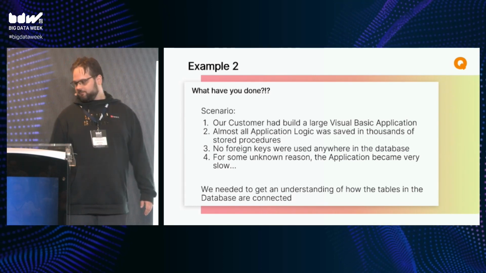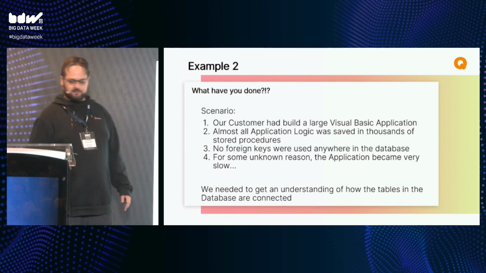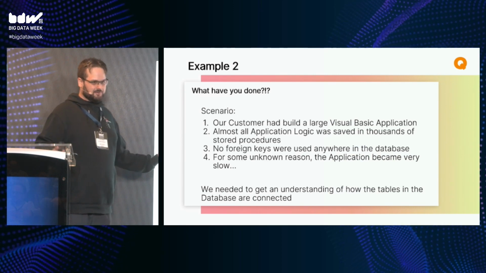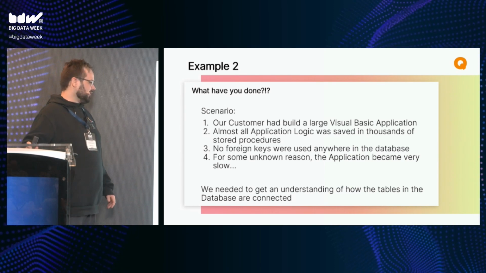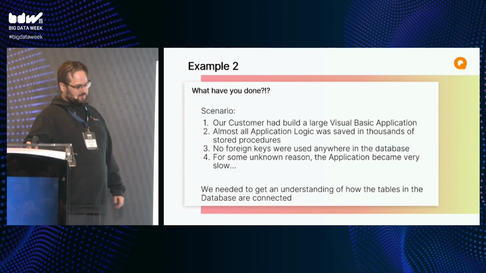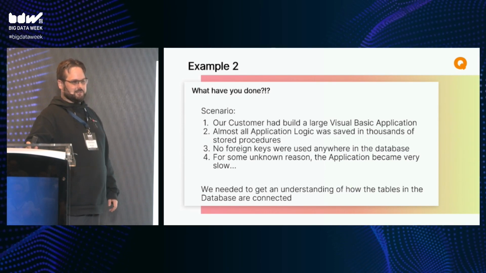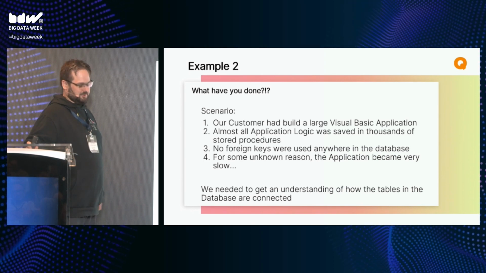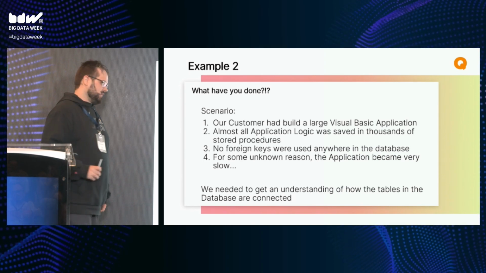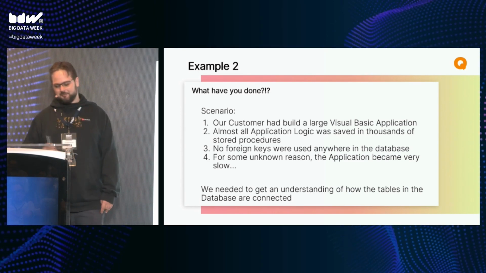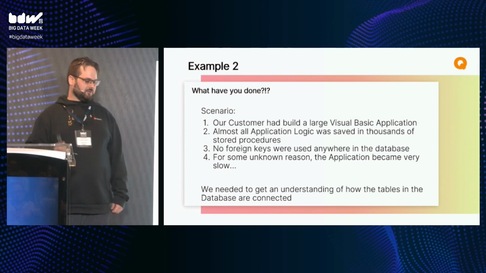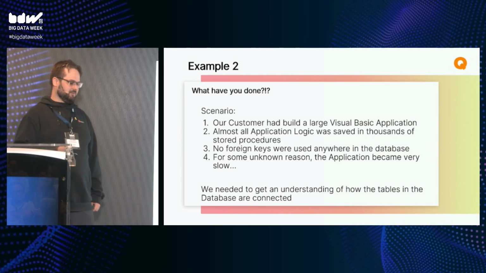Scenario 2, and I've got some time for it, and I know this sounds a little bit contrived. It's a real problem I face. So let's say you have a customer that had built a very large distributed Visual Basic application. And let's also say this customer put all the application logic into thousands upon thousands of stored procedures in SQL.